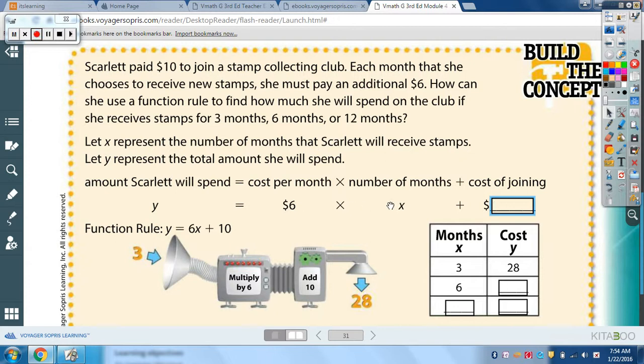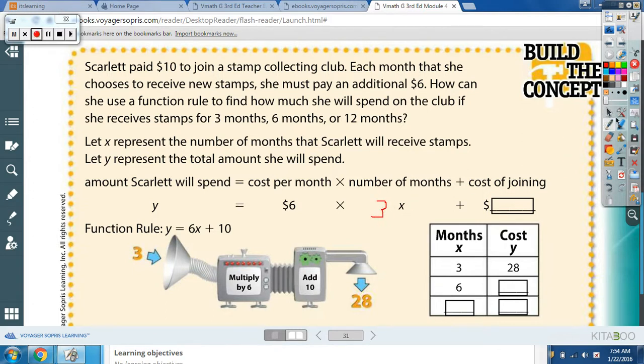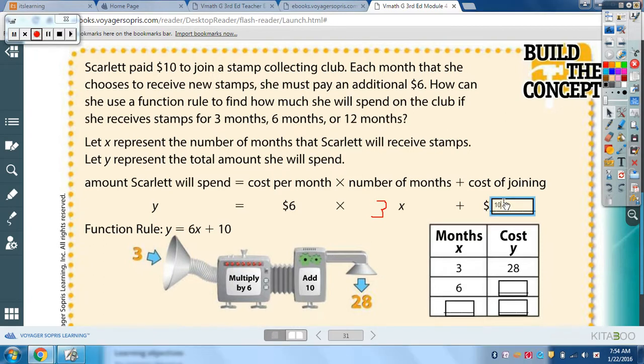We're going to have 3 there for the X. Let's write that 3 in there so you can see it. And then our cost is $10. That's never going to change, so that's going to stay the same no matter what. We end up with what? 6 times 3, which is what? 18, plus 10. So our cost, or our Y value, or our output value is 28.